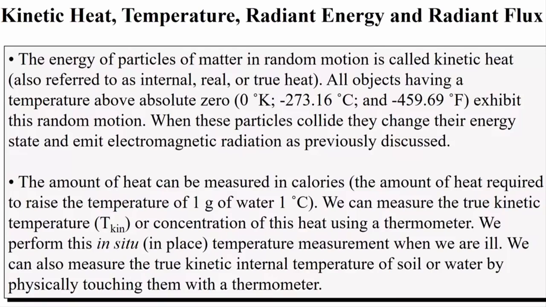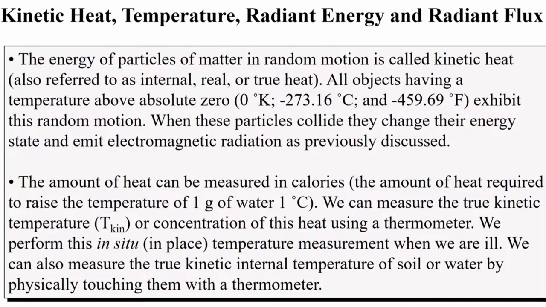We perform this in situ temperature measurement when we are ill, because we all have used thermometers to measure body temperature. When the body temperature is high, we declare that the person has fever. But at that time we are directly touching the body with the help of the thermometer, so that the temperature can be recorded.